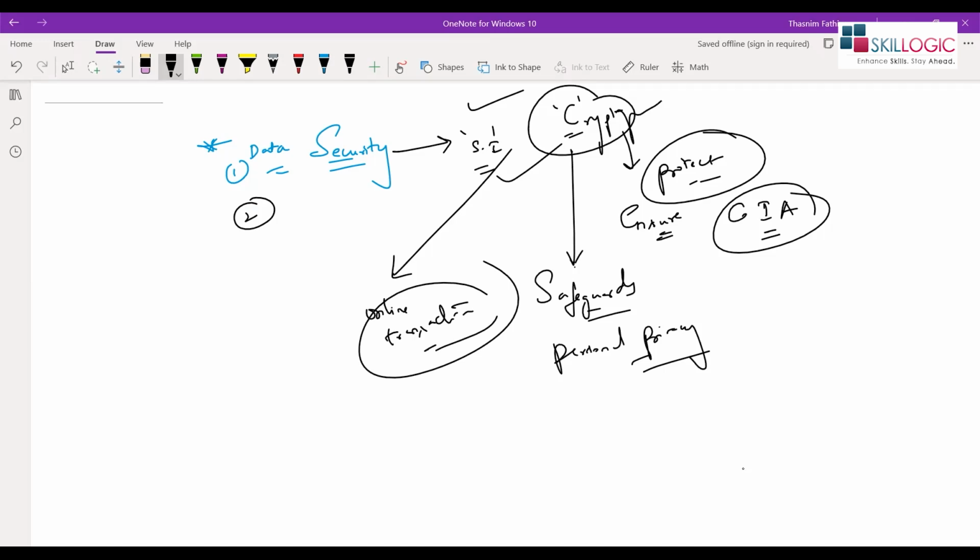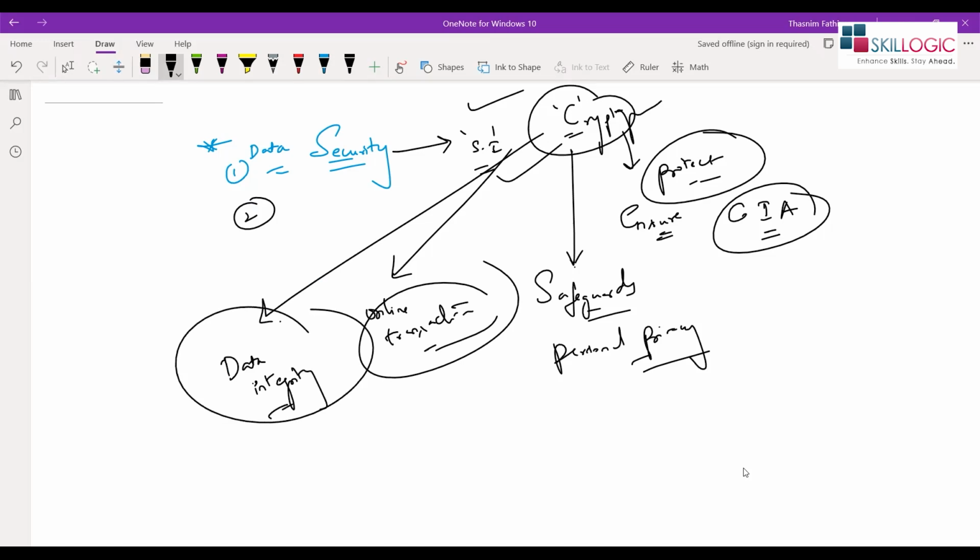Cryptographic methods verify the identities of users and devices, which is essential for securing communication and access control in digital environments. A very important thing in cryptography is data integrity. It ensures that your data has not been altered during transmission, and maintains the reliability and accuracy of the data.